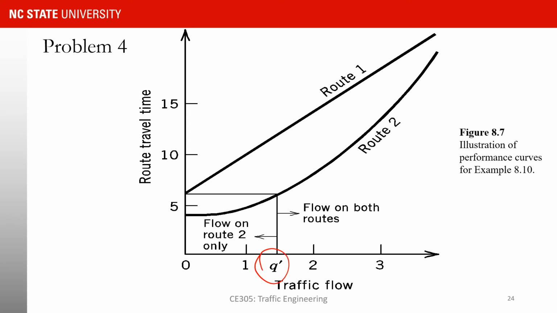But the way that we are going to do that is that we are going to put all the volume on route 1, find the travel time and then see if it's less than the free flow travel time on route 2. If it is, route 2 is not going to be used. If it's more than the free flow travel time, route 2 is going to be used. And we do that vice versa too for route 2.